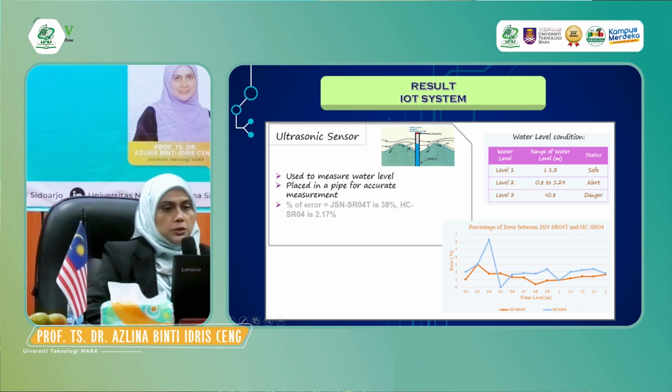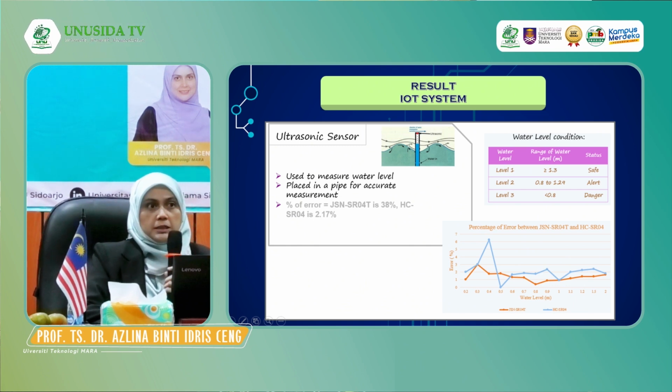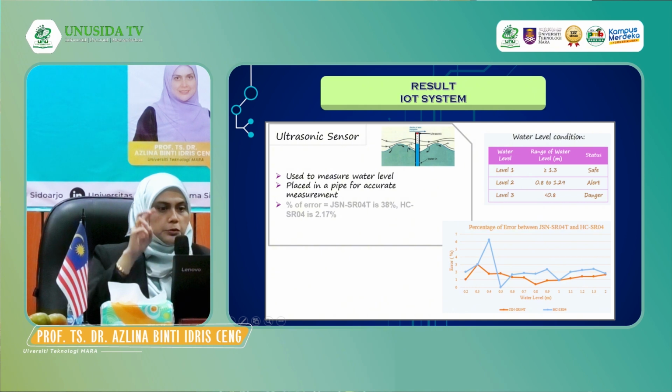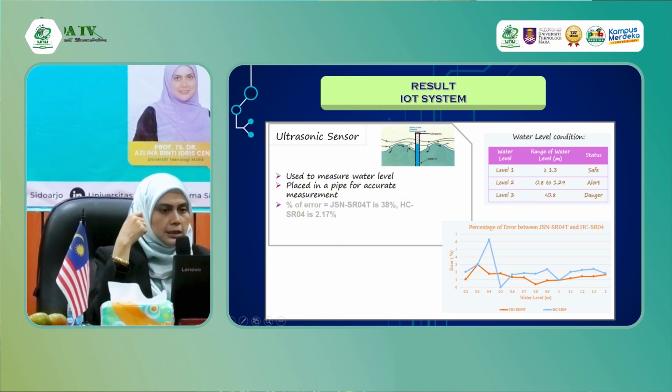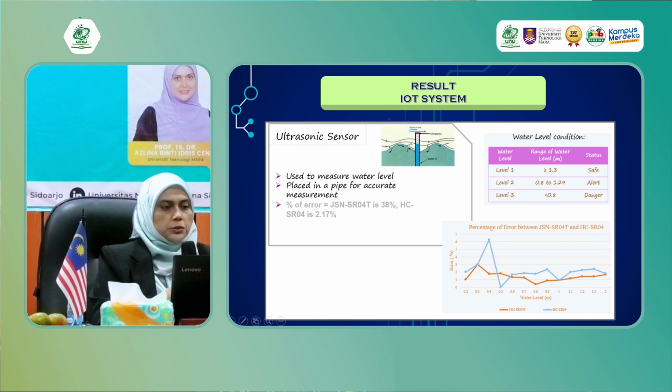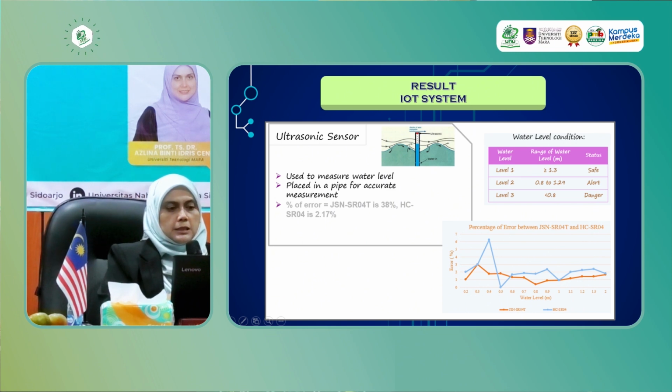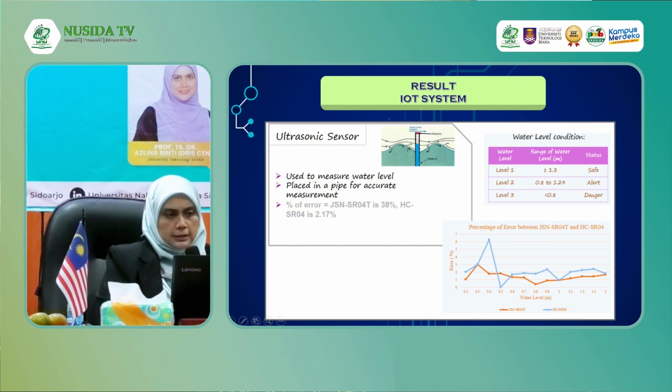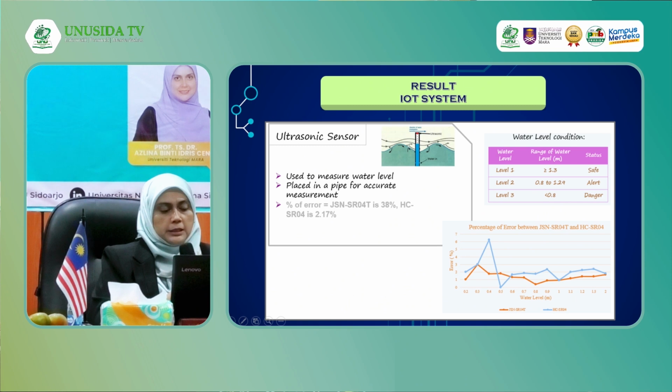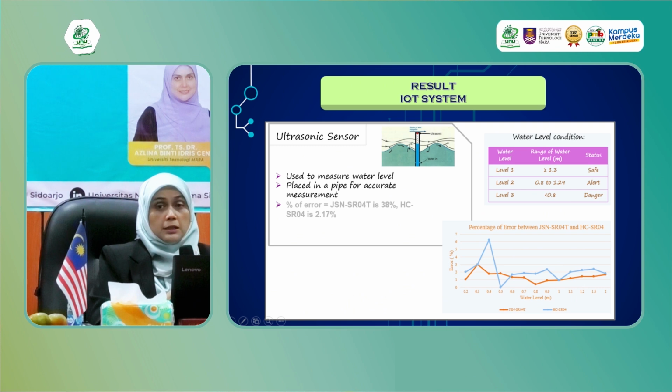Okay. So this is the result from research. We have two different results. The first one is ultrasonic sensor, used to measure water level placed in a pipe for accurate measurement. You can see that from the ultrasonic sensor, the result shows that there are two different types of sensor over here: ultrasonic sensor GSN SR040 and also HC SR04.